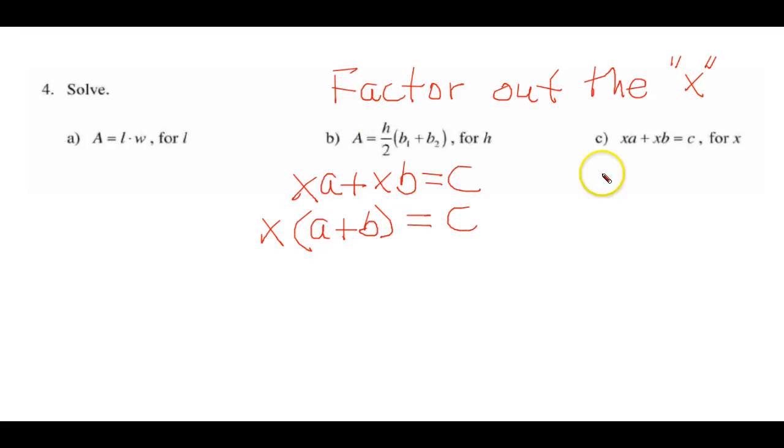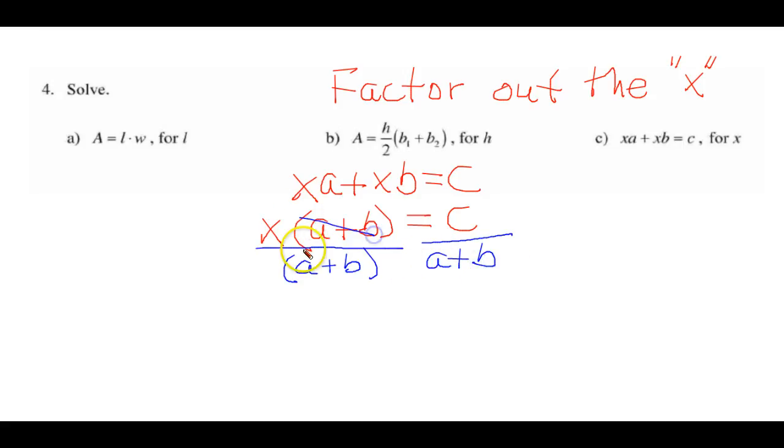And we get this. Now, how do we get the X by itself? Well, we're going to divide both sides by this factor, A plus B, and this side by A plus B. I don't need parentheses on this side.